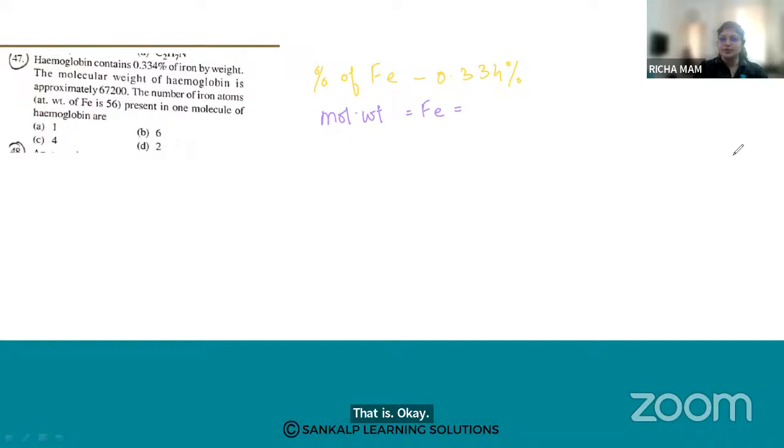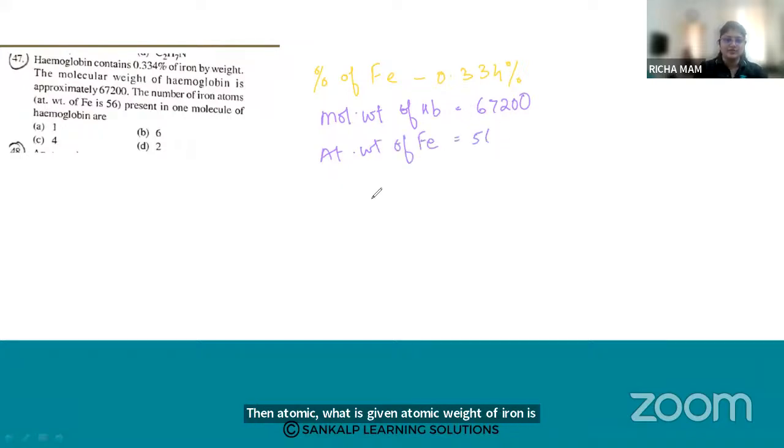Let me write it. I'll write molecular weight of Hb. Okay, hemoglobin is how much? 67200. Okay. Then what is given? Atomic weight of iron is given. Atomic weight of iron is 56. Okay. Now, what all we know? We know the number of iron atoms.